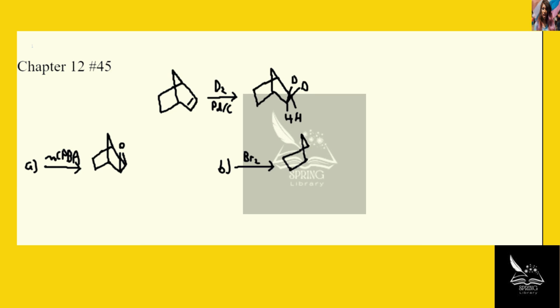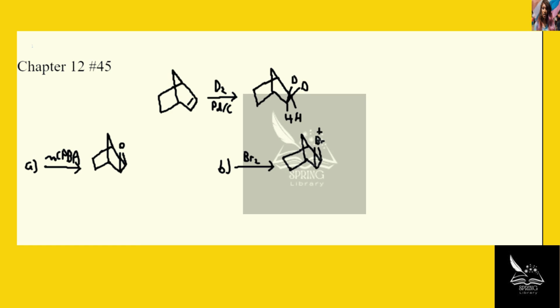So after the bromination here, we're going to have this bridged intermediate with the bromine in it. And that's also only going to be able to have added from the top. So there's our bromine. It's going to have a positive charge on it.